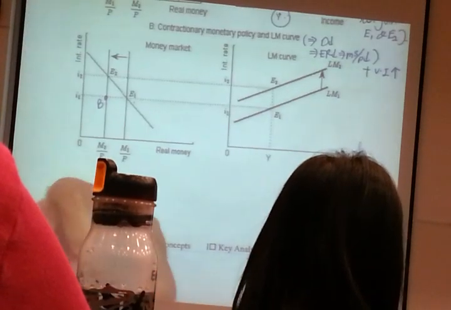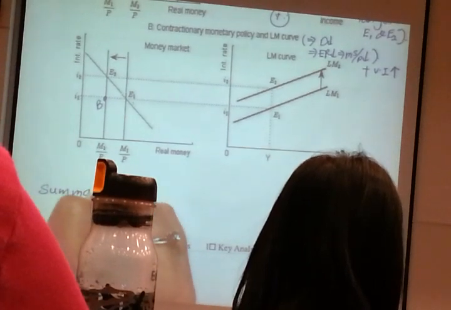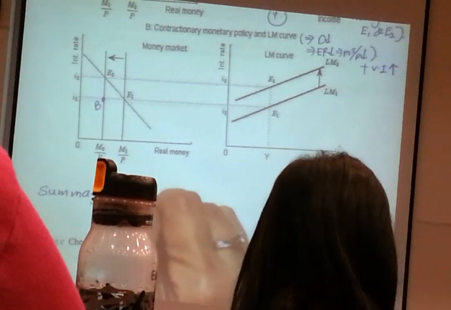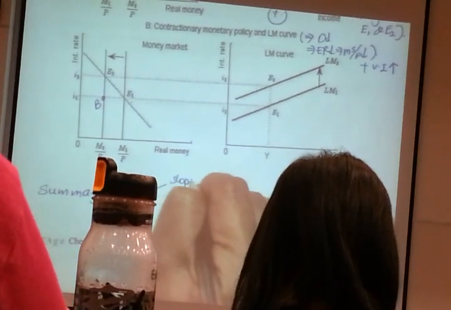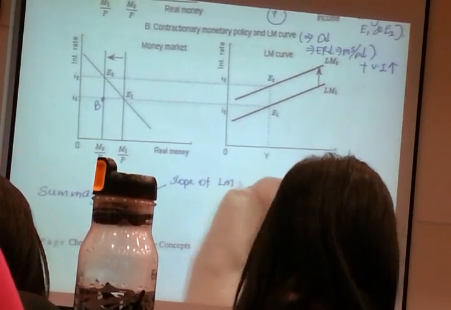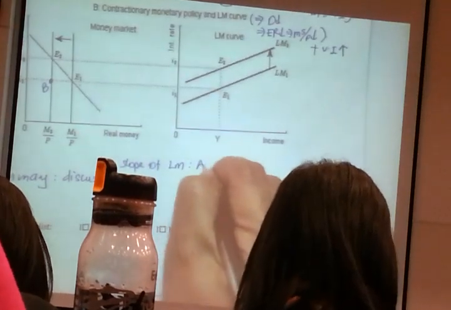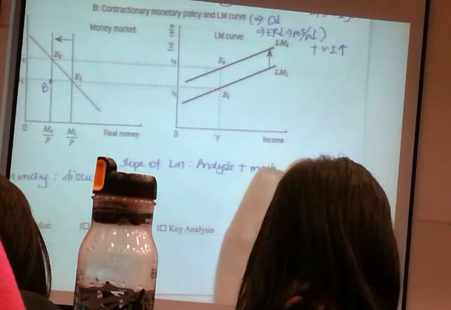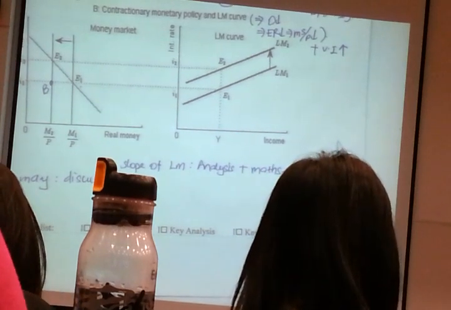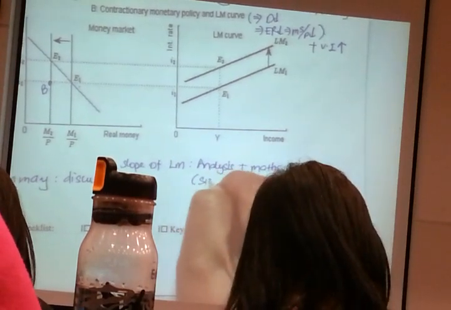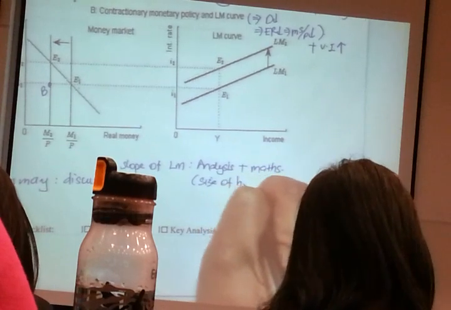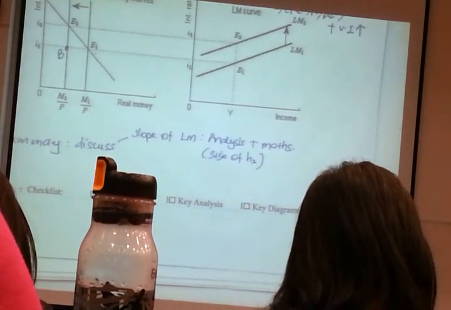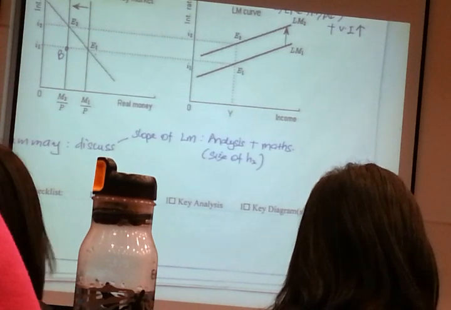Okay, so in summary, the exam question requires us to discuss slope of LM. I will use analysis with maths. I won't draw the diagram. I will discuss size of H2, how we react to buying bonds, and then I get the final answer.